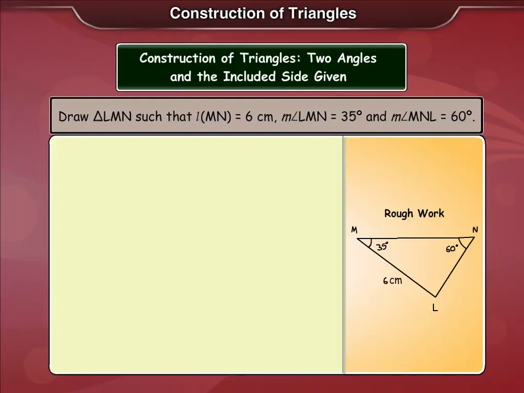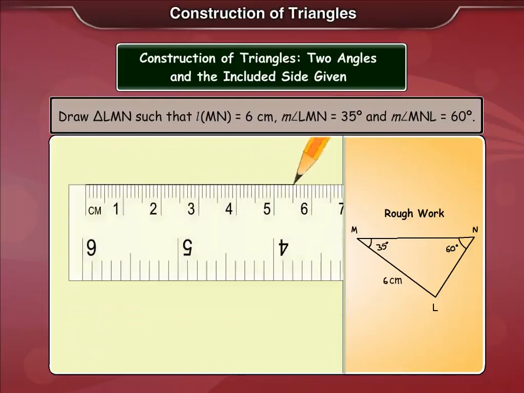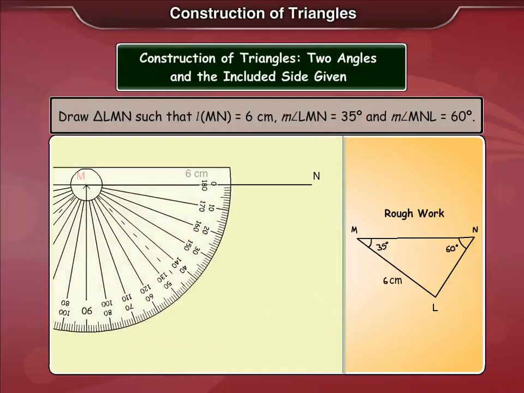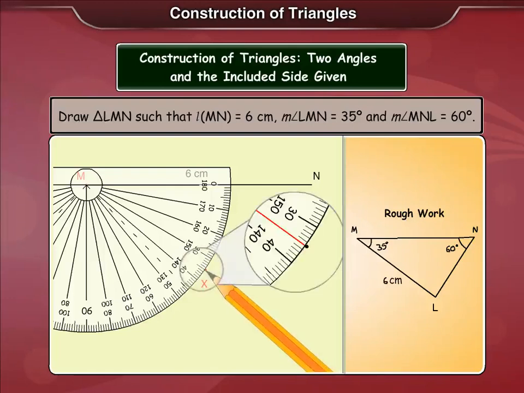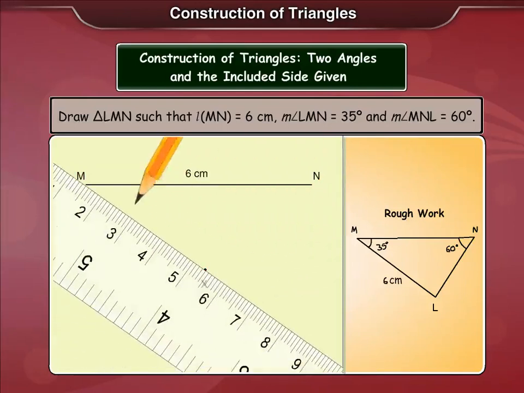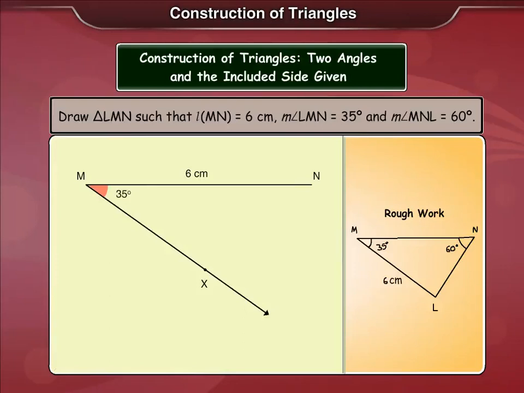Angle PQR is 30 degrees and angle QRP is 115 degrees. First, let's draw a rough diagram of the required triangle. Now, let's write the measure of the angles and the length of the included side in the rough diagram.